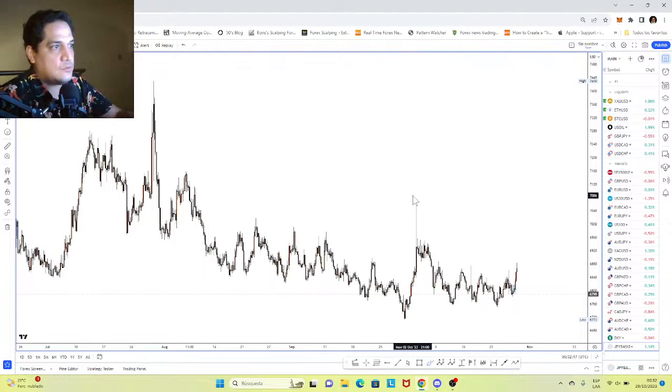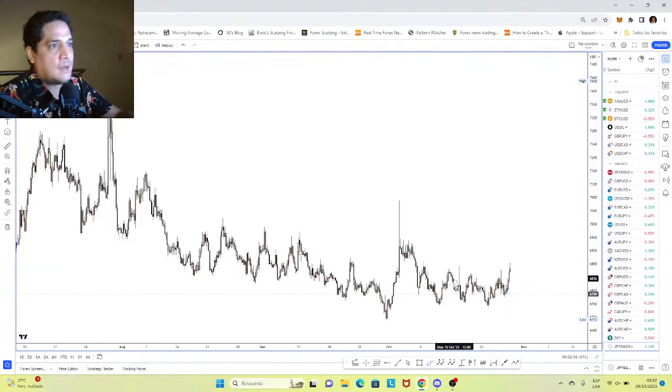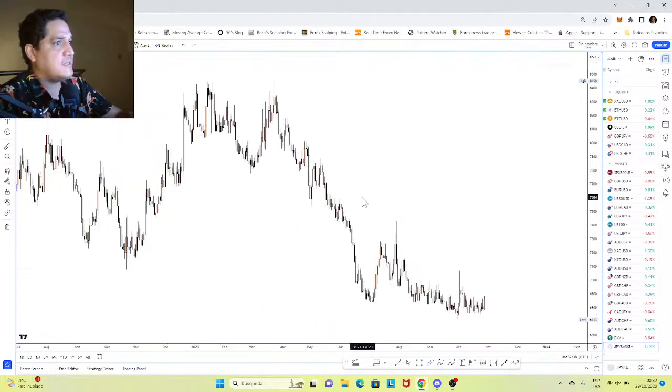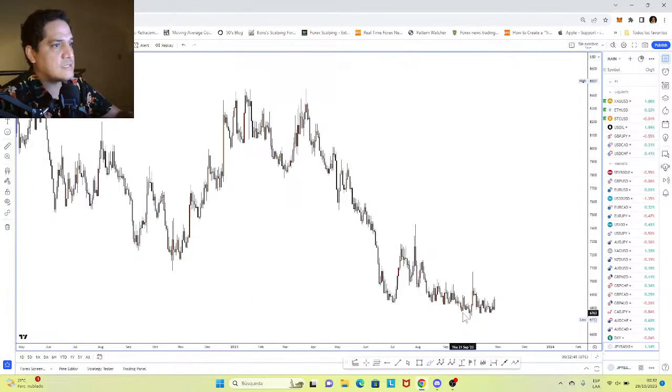Now, if you remember, this spike high was when the news of the Bank of Japan intervening in the Japanese yen and buying Japanese yen happened, right? So this was just a manipulation, or what I call manipulation in the market, in the sense that this was just a spike up. But again, I would be looking for longs in these markets. If you go to the daily chart, again, you can see that not only is price failing to really break with the lows consistently, but creating a bottom.